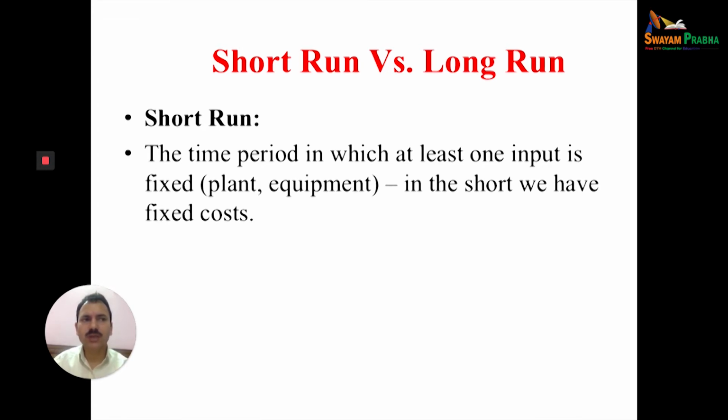Similarly, the average cost curve divides into average fixed cost and average variable cost, and lastly marginal cost. So in the short run, some factors of production are fixed and some are variable. We'll discuss these three types in detail.